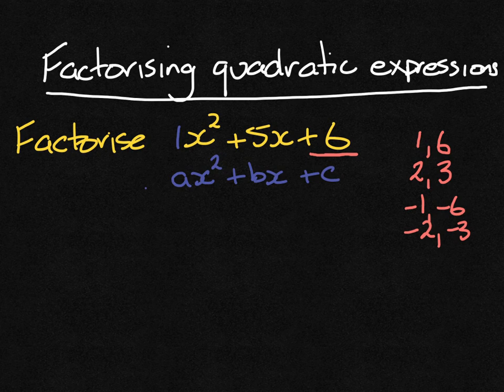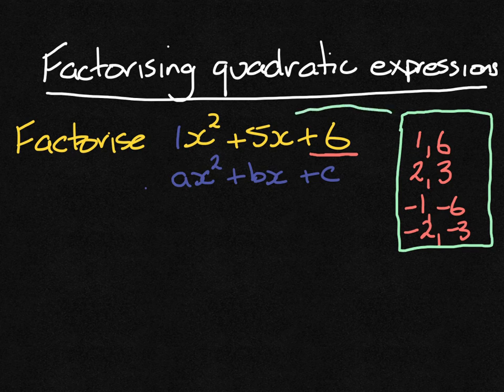Now we look at these factor pairs and ask which ones add to give us our b value, positive 5. 1 plus 6 equals 7, so it's not that one. 2 plus 3 equals 5. Oh, it could be that one. We'll just double check. -1 minus 6 is equal to -7, so it's not that one.